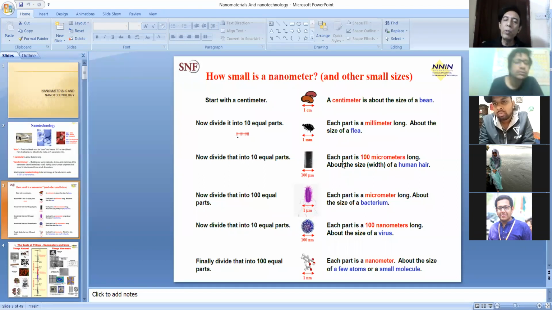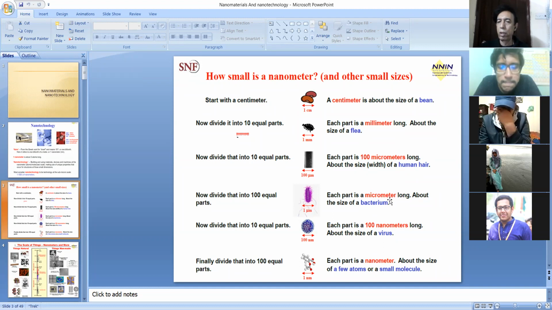And if you divide a human hair into 100 equal parts, you will get the size of a bacterium. A bacterium is 1 micrometer. Now, a virus is about 10 times smaller than a bacterium.